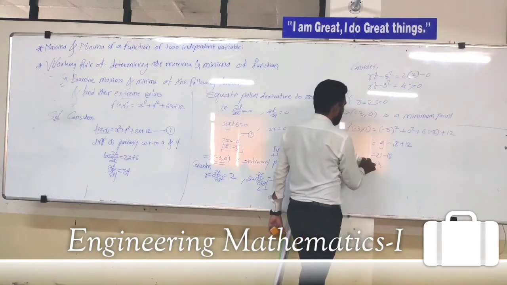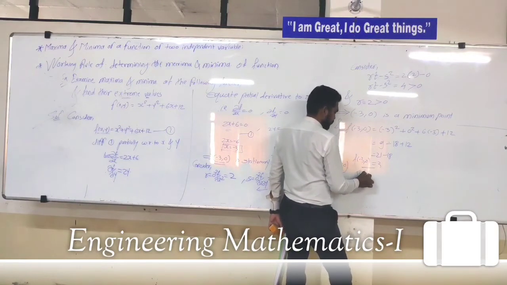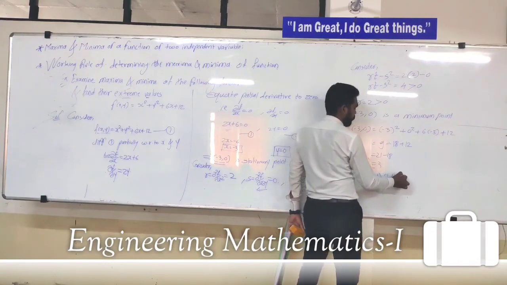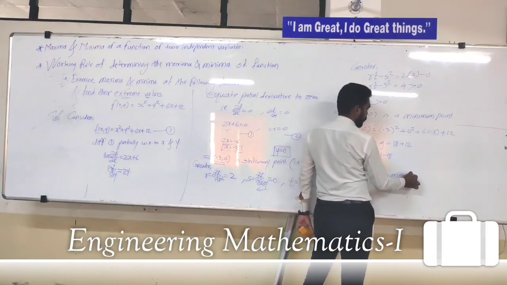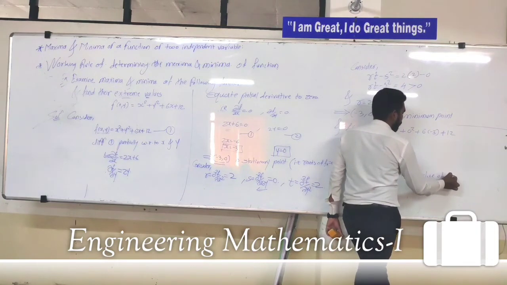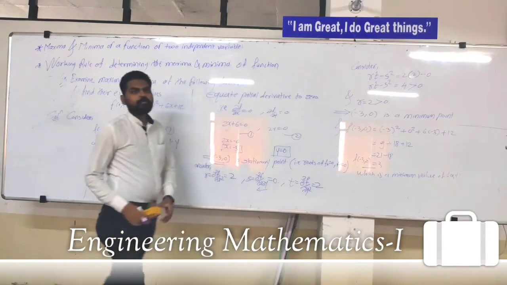Therefore f(-3, 0) is equal to 3, which is a minimum value of f of x, y.